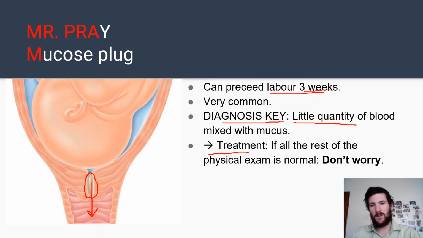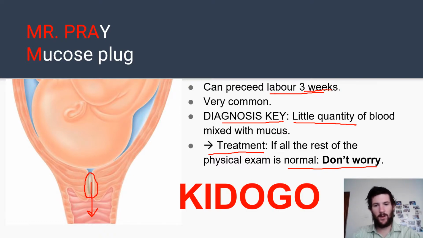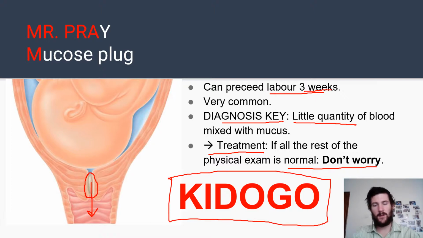And the treatment in this situation, if all the rest of the physical exam is normal, she's not in labor, and everything is normal, you don't have to worry and you continue the pregnancy, telling the patient that everything is okay. The principal key here is that it is kidogo blood. That is the important concept. If you think that it's more than a kidogo, we have to make further examinations.